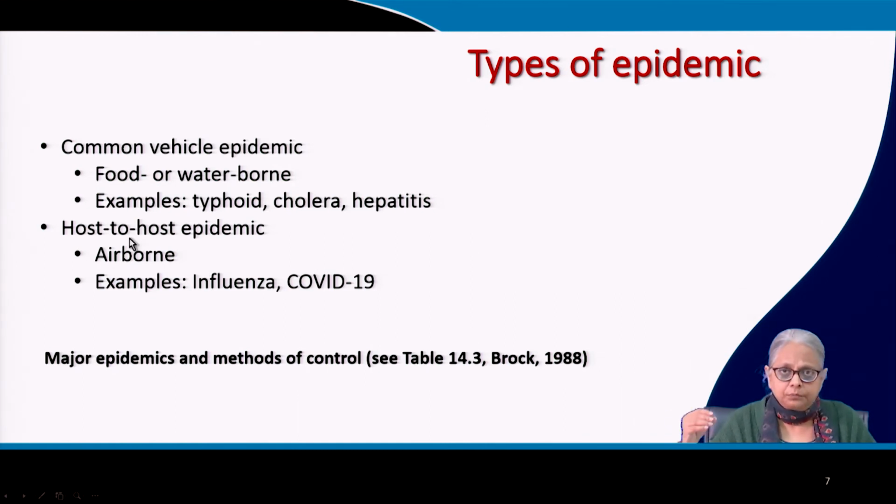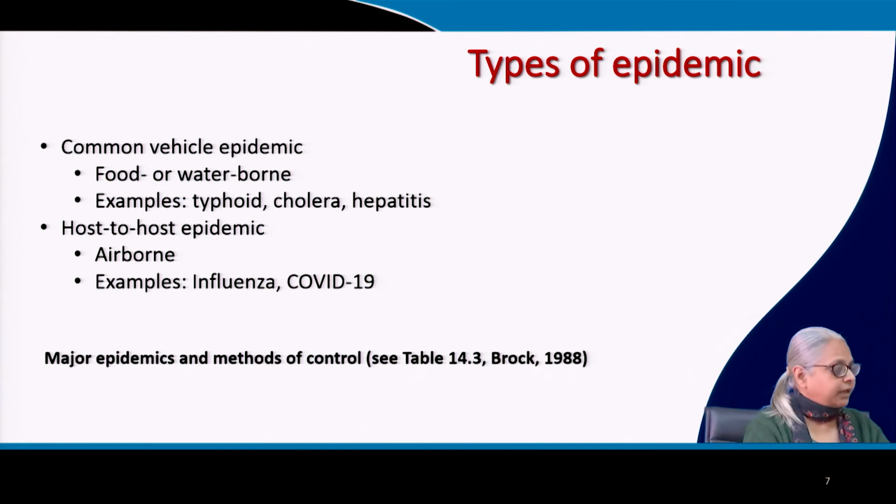Some of us are very particular and call it an aerosol associated virus. Regardless, it's coming into the air either through nasal droplets or through droplets from the mouth and so on. Whatever the carrier is, it's whatever is present in the air, and with it may be direct contact or contact with these droplets. Either way, this is a host-to-host epidemic, and influenza also fits into the same scheme of things.